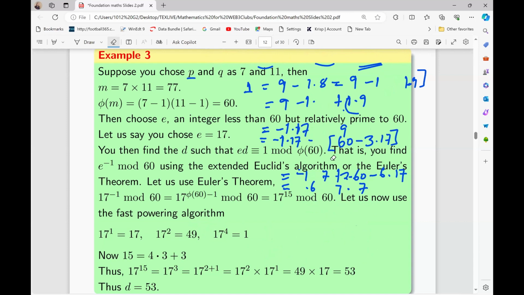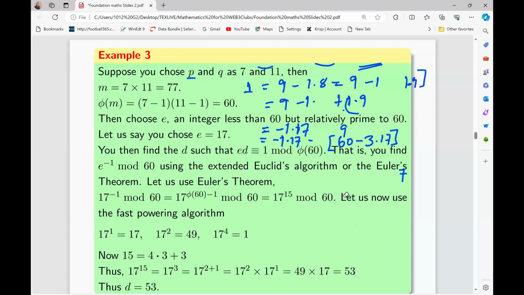Now, we found that 53 is the inverse. What we've used is the extended Euclidean algorithm. But what I used in this example is the Euler theorem. And we've learned both of them, so it's easier for you to apply them.